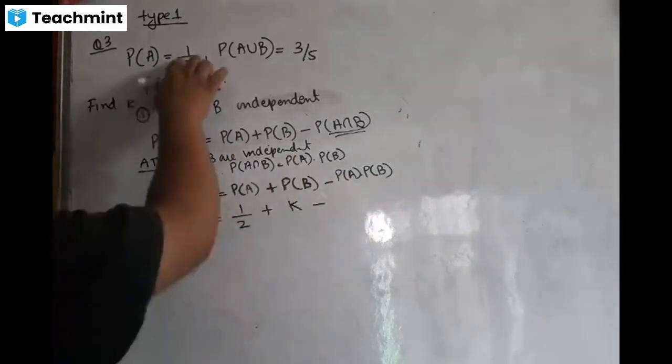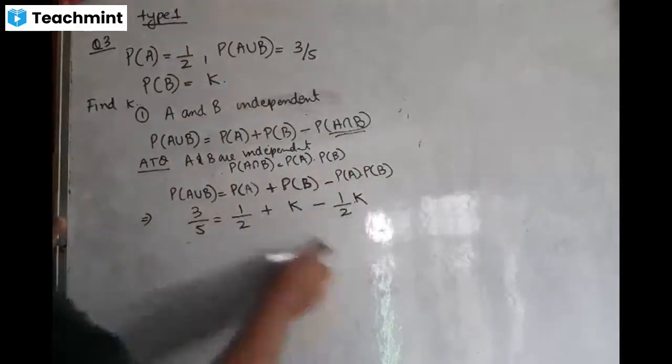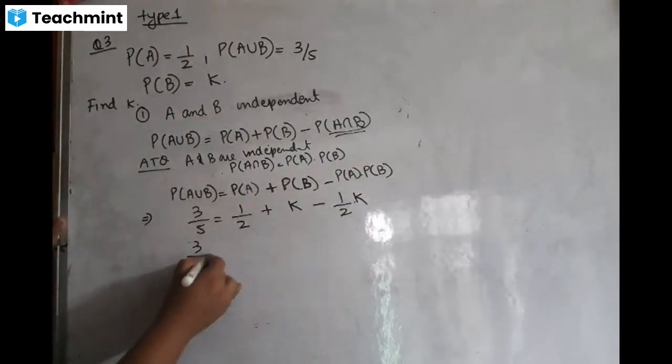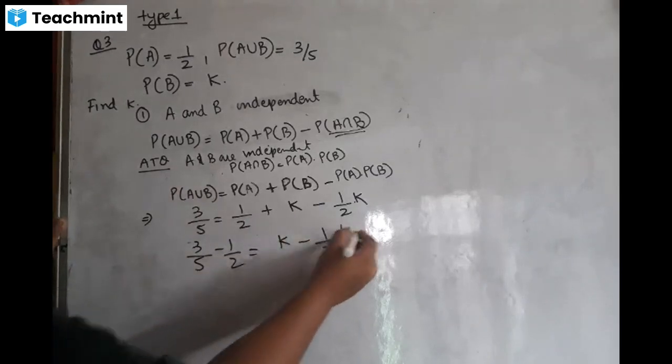Minus probability of A is 1 by 2 and probability of B is K. So 1 by 2 comes this side. 3 by 5 minus 1 by 2 equal to K minus 1 by 2 K.